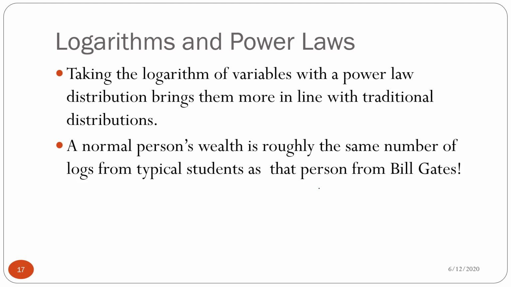But when you transform that using log, the difference in salary between Bill Gates and a normal person is probably the same as the difference between the normal person and a typical student who's not earning much. So that's the message, that log really helps in dealing with really skewed data, very often data that follows the power law.